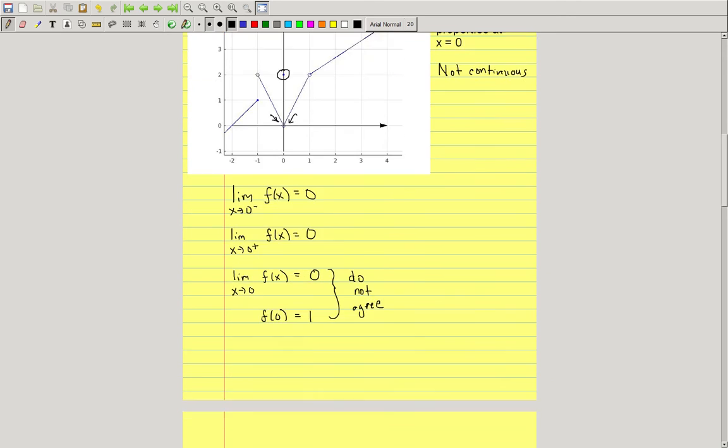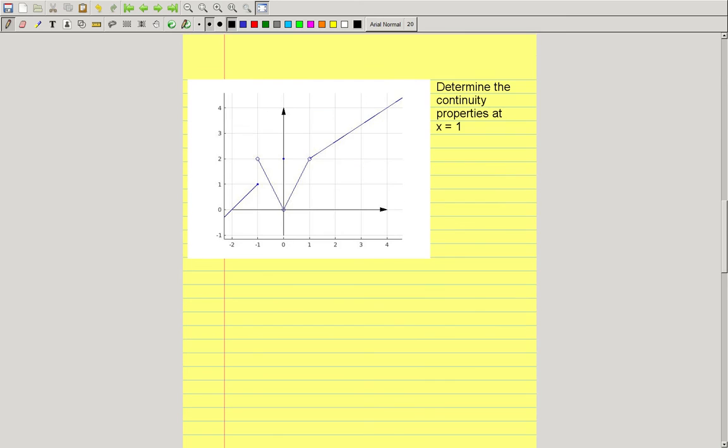Let's look at one more value. We want to determine the continuity properties at x equals 1. We take the limit as x approaches 1 from the left of our function. We follow along up this way, and we see that the function is approaching the value 2.